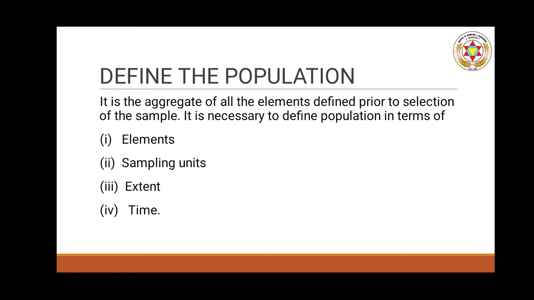The extent is the area, for example the Dehradun city. And the time frame is the period for which the study needs to be done. So this is how, at the first stage of sampling, we need to define the population.